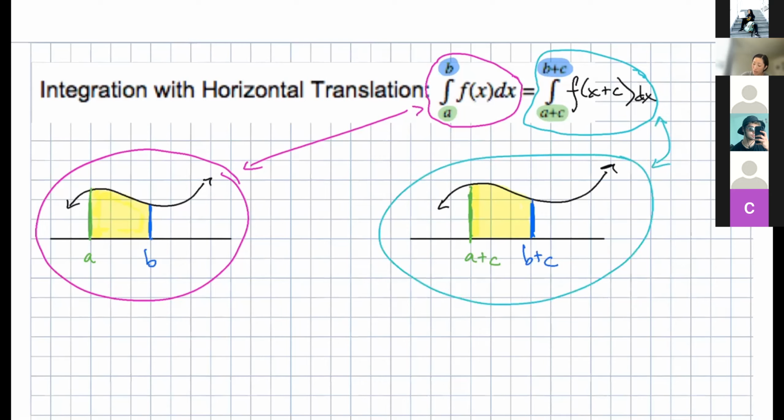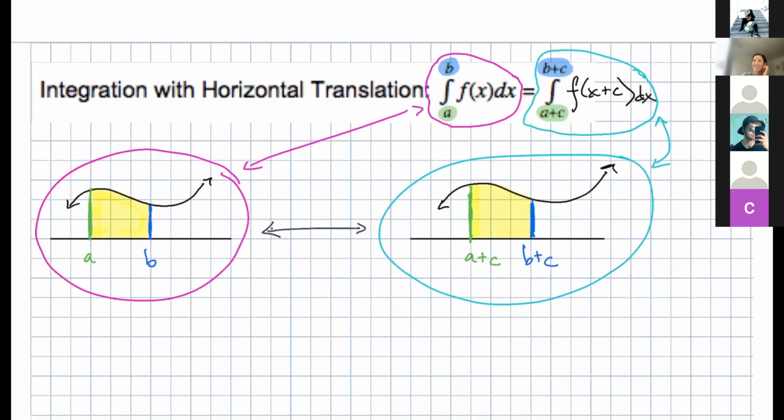When we look at the two diagrams, we can tell that those areas are equal to each other, because we're taking f of x plus c, which means we take our whole function and just move it over. So the shape is exactly the same because we're moving the whole function over.